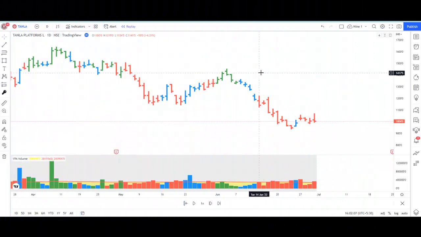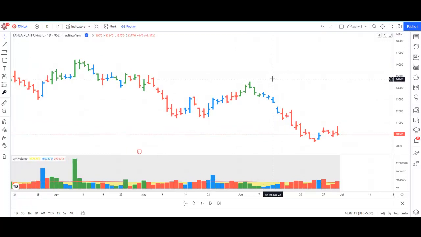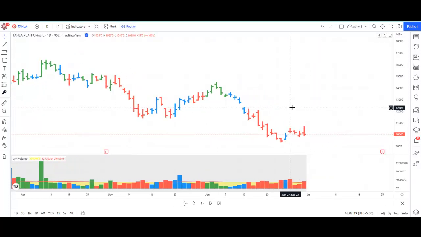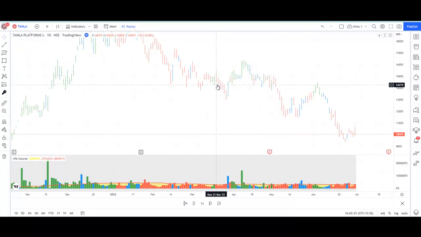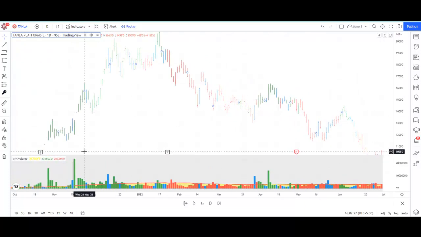In this example, I have the chart of Tanla Platforms. As usual, I'm using the replay mode for better illustrations. Before we proceed further, let us look at what was happening to this stock. The stock was in an uptrend. It moved almost up to 2000 and then started coming down.